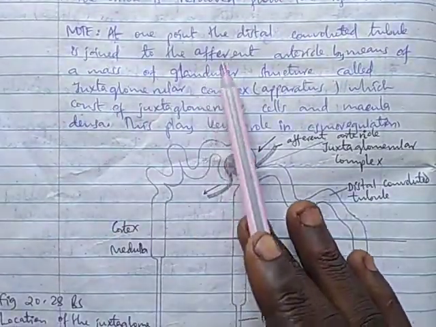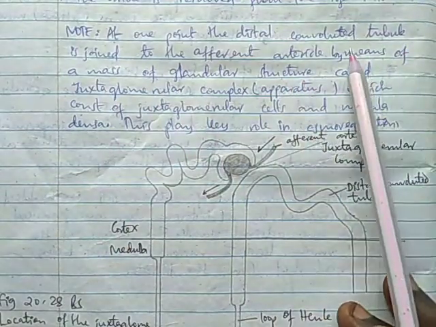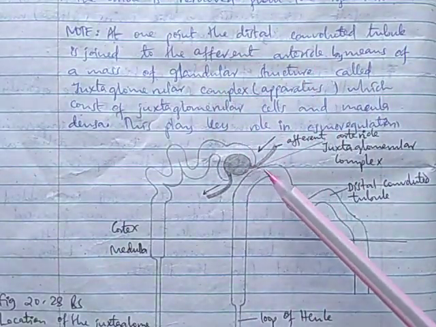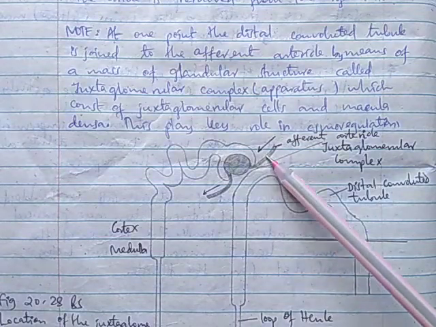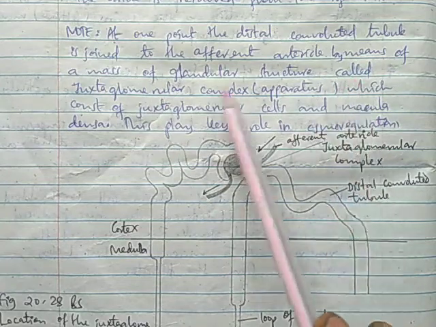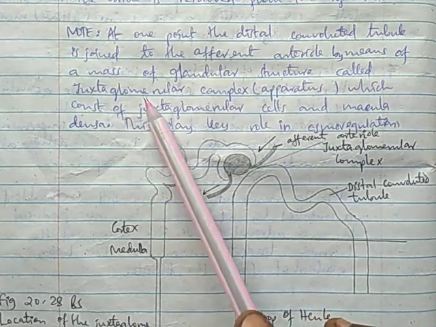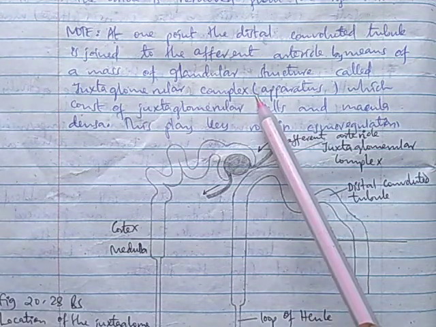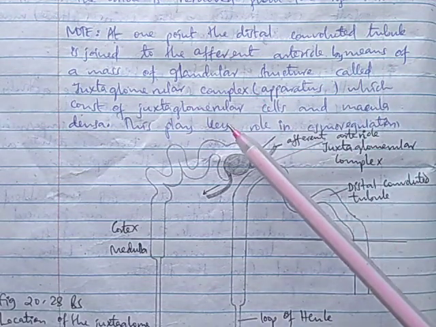Note, at one point the distal convoluted tube is joined to the afferent arteriole by means of a muscular glandular structure called the juxtaglomerular complex. Some people call it the juxta.